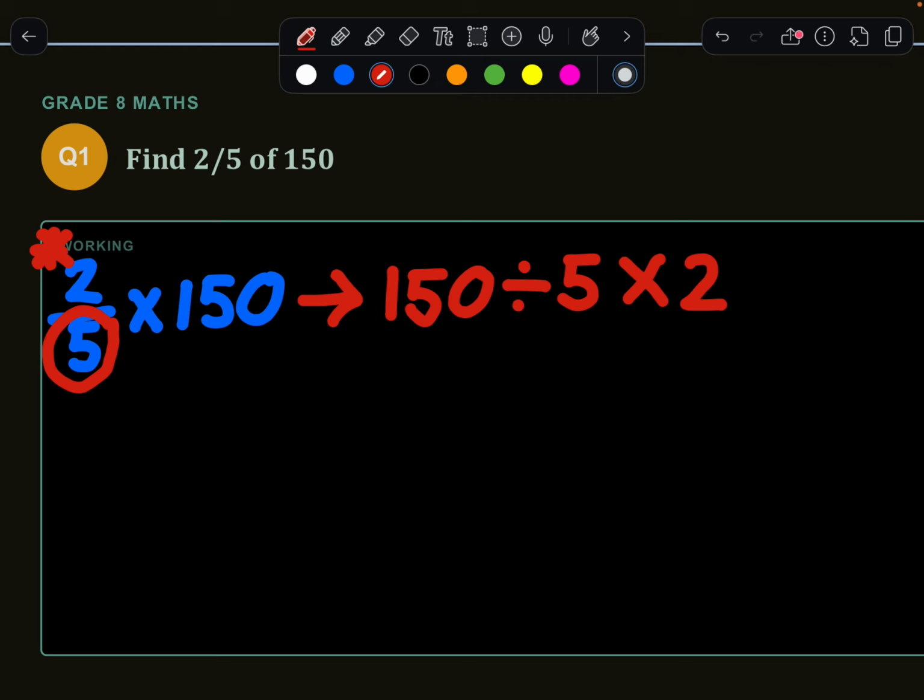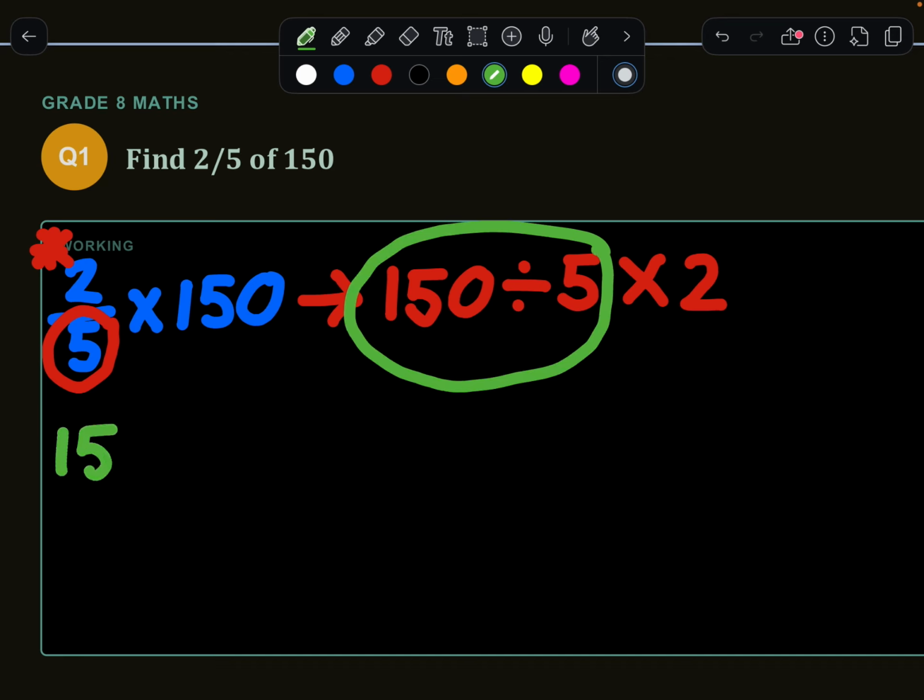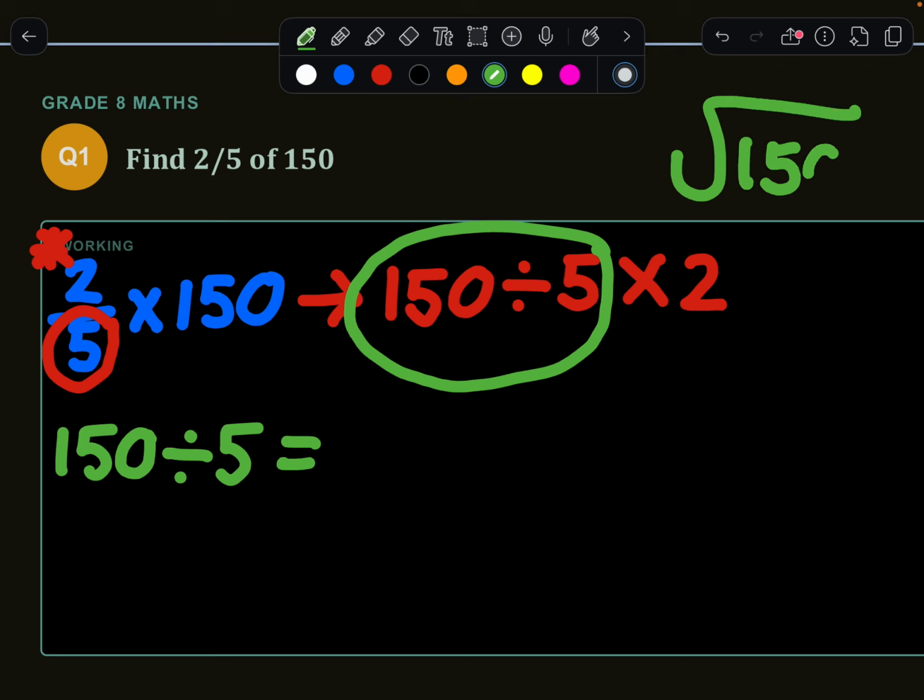So for this first part, 150 divided by 5. Let's work that out, assuming we don't have a calculator. Okay, so we can draw our little garage. 150 divided by 5.